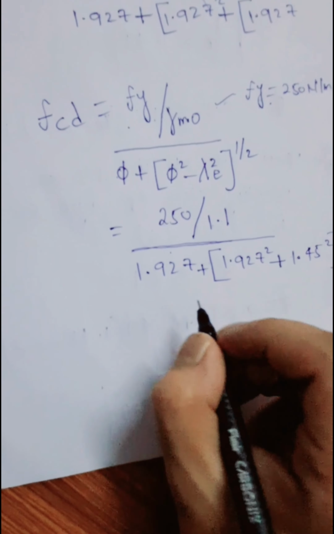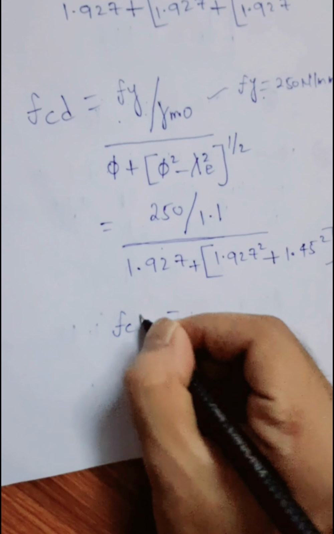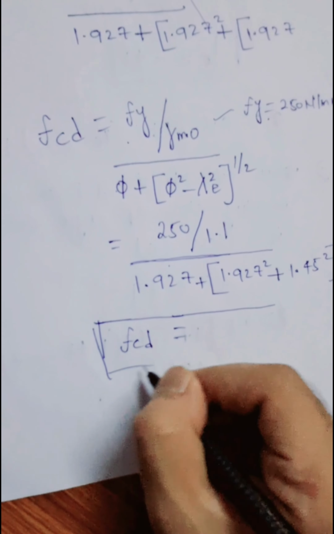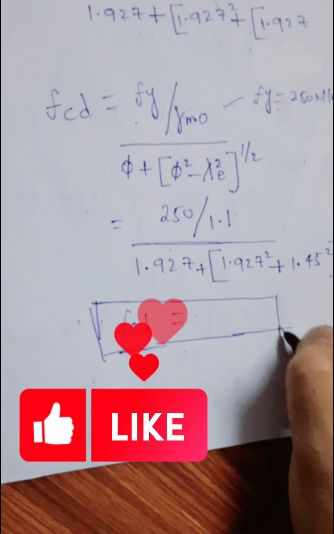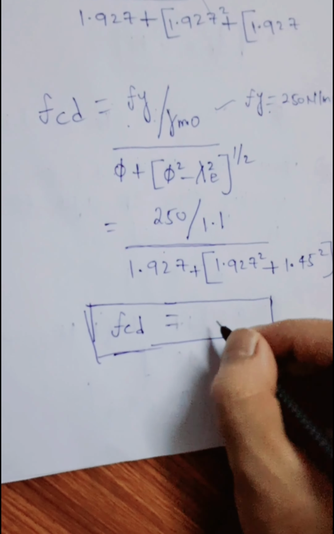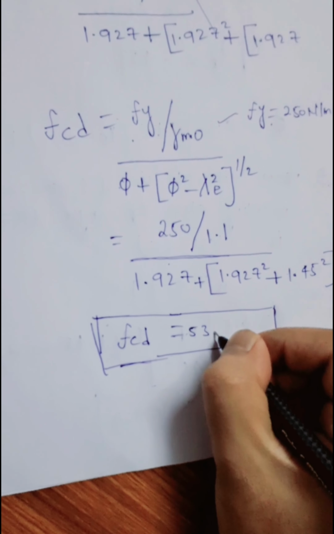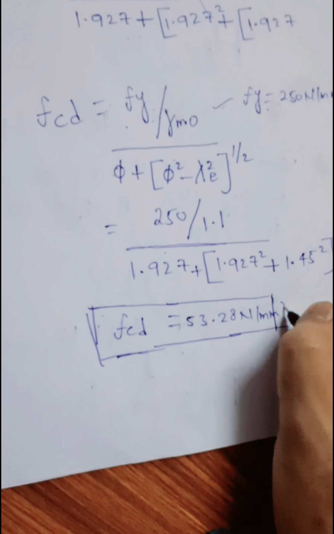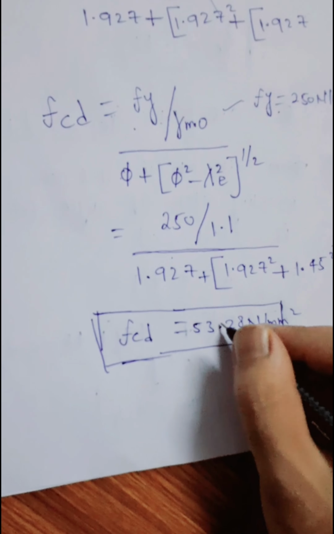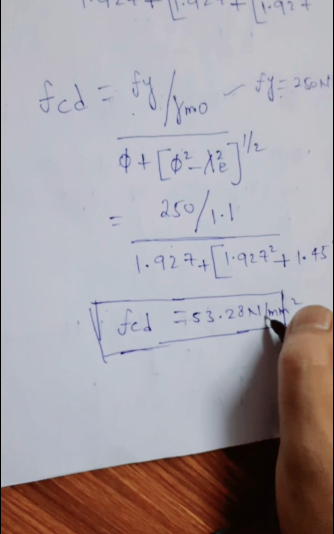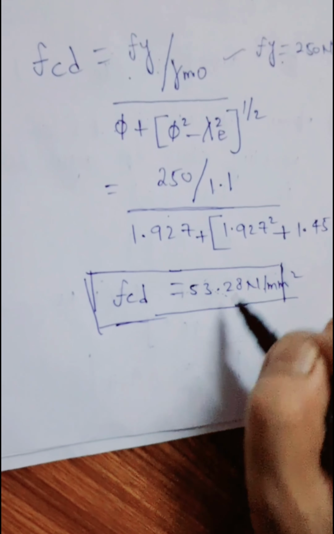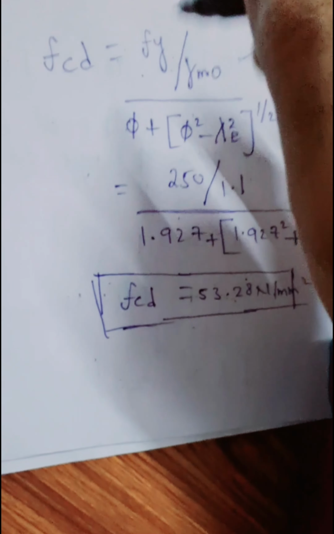Then I come out with the fcd value, the final value of the problem, that is 53.28 Newton per mm square. In some books it is 52.28, but in my calculator I got 53.28 Newton per mm square. No other answer is important, but the procedure which I am solving here is very important.